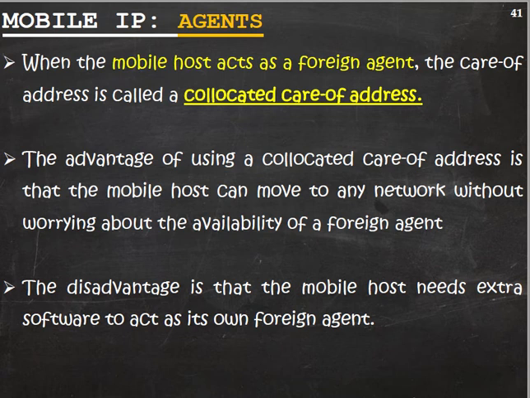In other words, the mobile host needs the necessary software to communicate with the home agent and to have two addresses. So by making use of proper software, it can act as a mobile agent as well as a foreign agent, and based on the switching it can have two addresses.